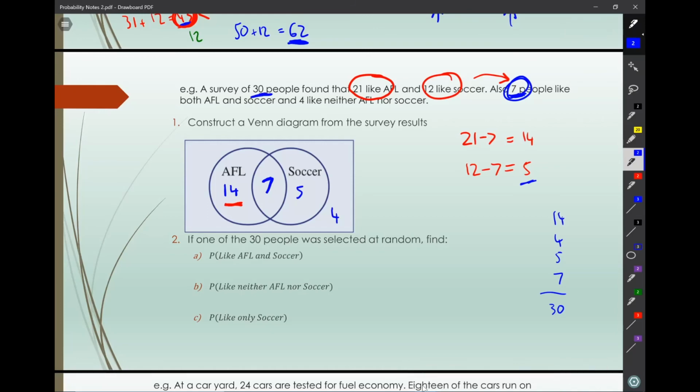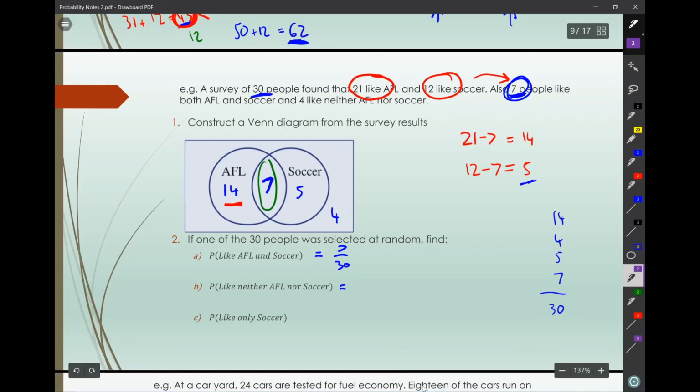So a quick bit of revision for you guys, calculating some probabilities. The probability of people that like AFL and soccer. So how many people like both sports? That's here in the middle. 7 people like both sports, so the probability is 7 over 30. How many people like neither sport?